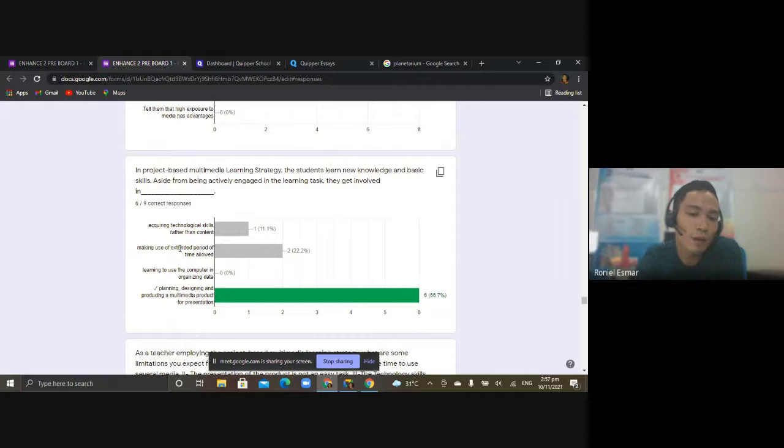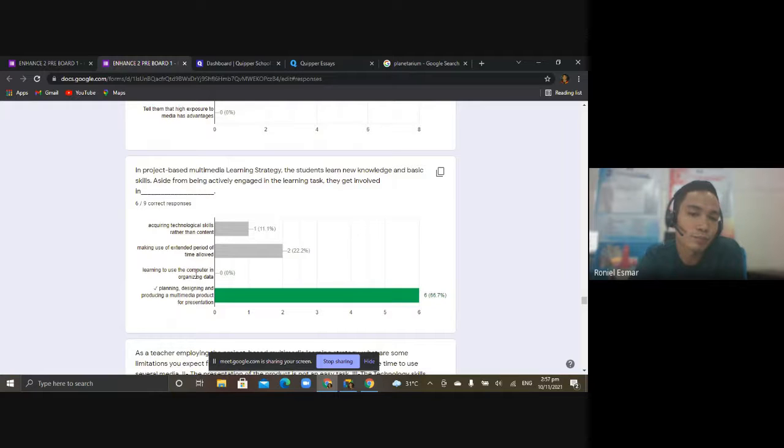Dianhi. If we choose these first two options, di ba wala? No, it's more or less siya nag-focus entirely on the project-based strategy, discarding or disregarding the term multimedia. So I'll proceed with the third option, learning to use the computer in organizing data.